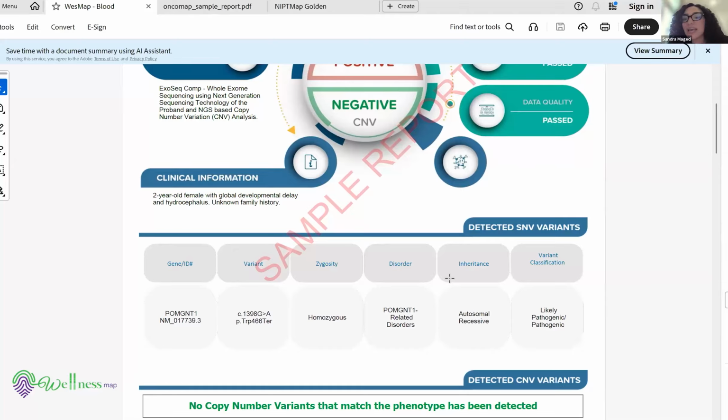Autosomal dominant means that even if the baby has inherited it, or the person, again, the whole exome is not only for babies, it's for everyone, or the person has inherited it from their mother or their father, they have a dominant effect, meaning when the alteration is there in the DNA, it will most probably project a disease that is visible in the person.